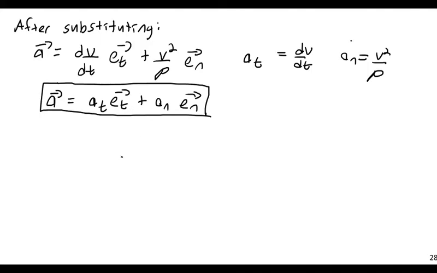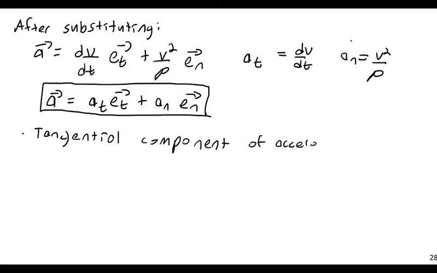And then we can also apply this to a space curve, but we'll see that in a bit. So again, the tangential component of acceleration reflects change in speed.